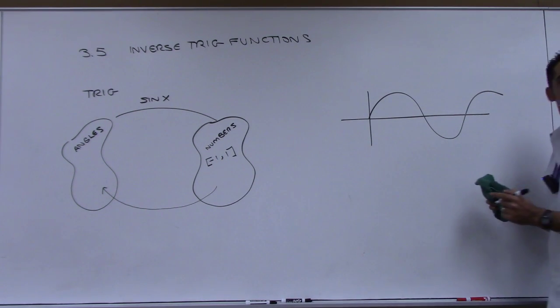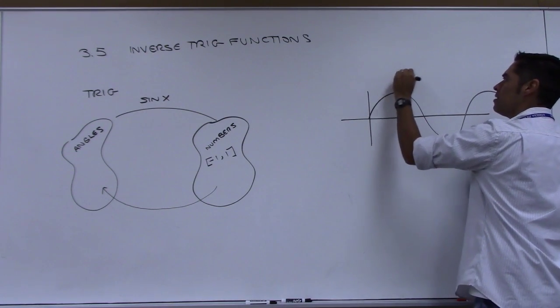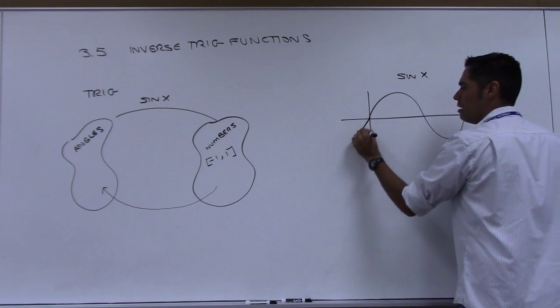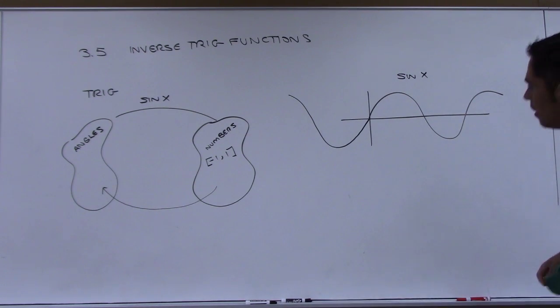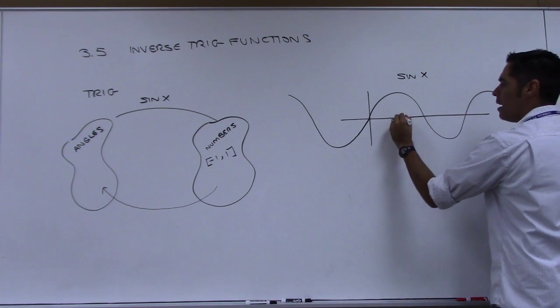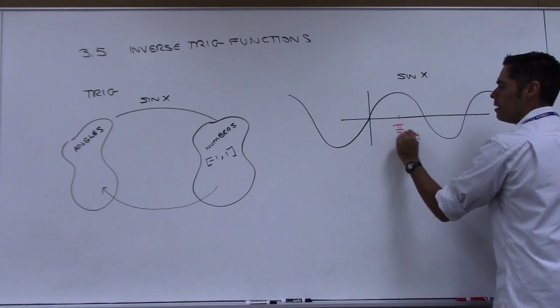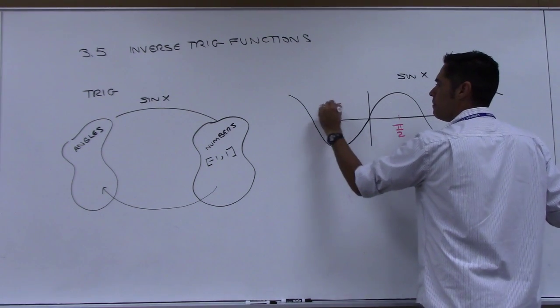We restricted the domain. So we came here to the sine function and said, imagine it goes backwards like this. Let's cut the sine function off right here at pi over 2 and right here at negative pi over 2.